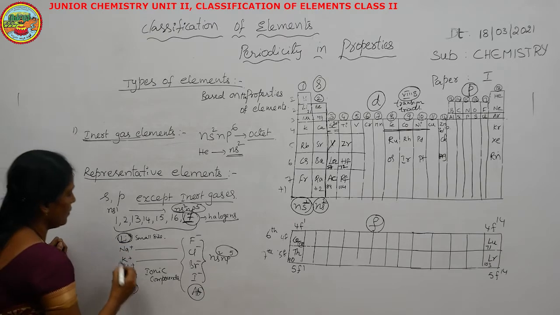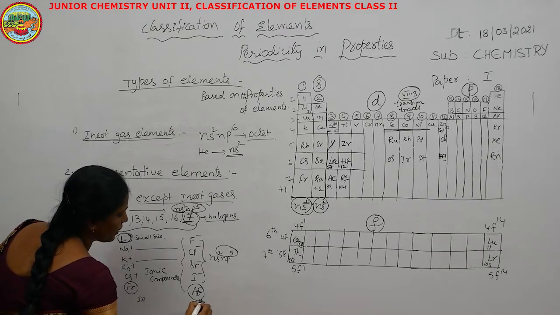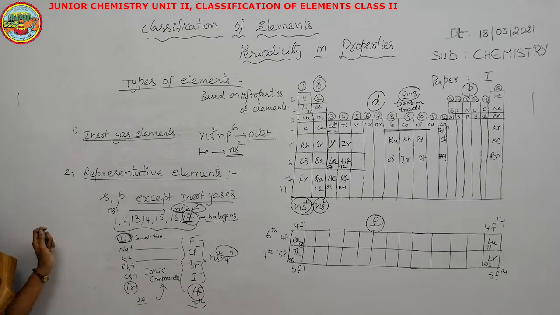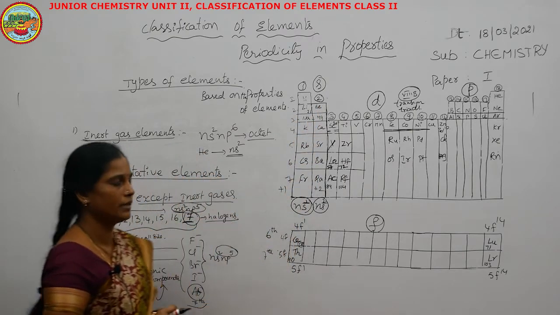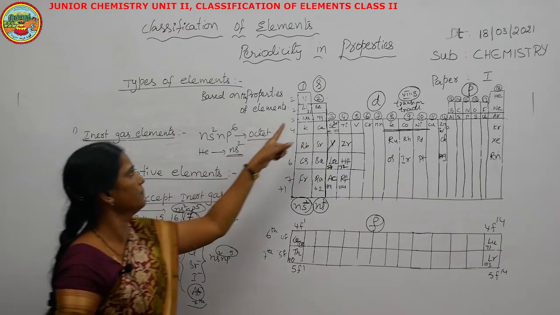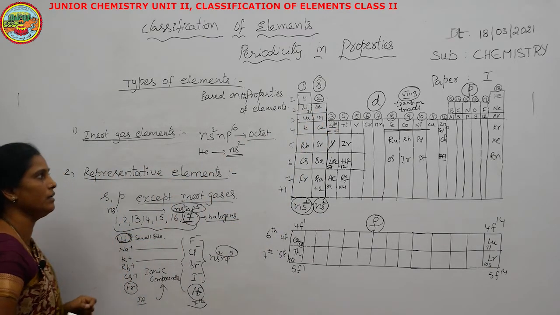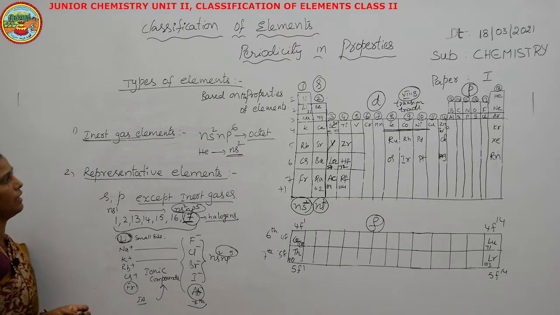That's why when first group and seventh group elements combine together, they form strong ionic compounds. Except lithium and beryllium, these two elements form covalent compounds due to small size and high ionization enthalpy.